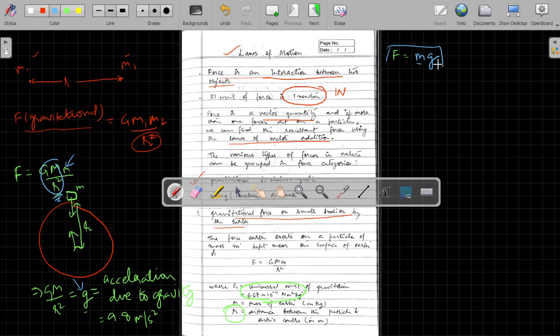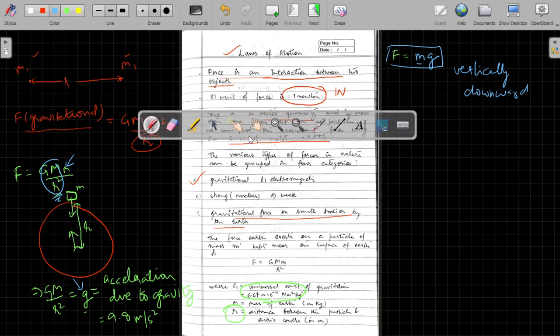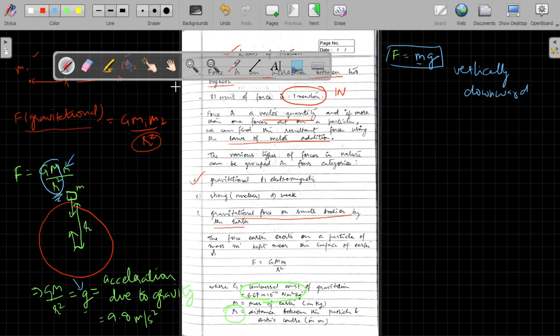So this is the gravitational force acting on a body in the vertically downward direction. We have an idea that the gravitational force acting on a mass m is mg. So let's move ahead.